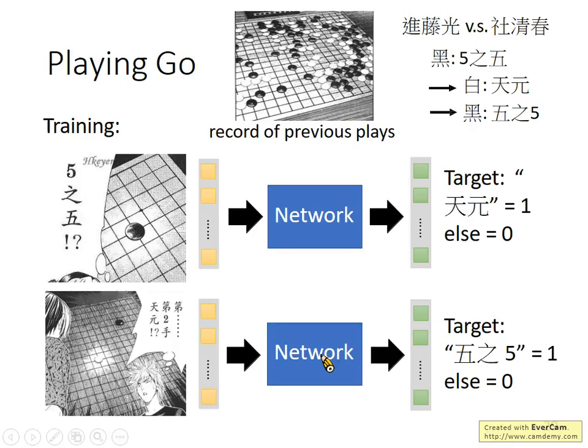The idea is we input the board, transform the board into a vector, and then we use a CNN. Finally, this CNN structure outputs the target, that means the best position you should occupy in the next move.